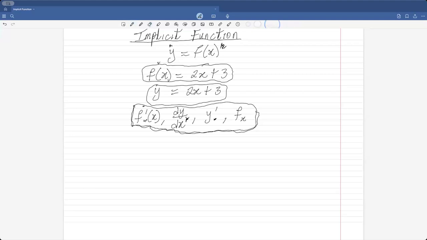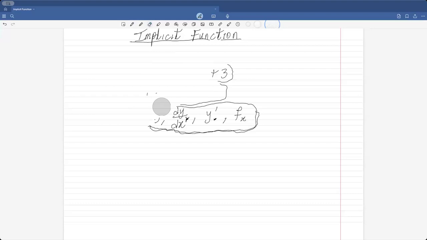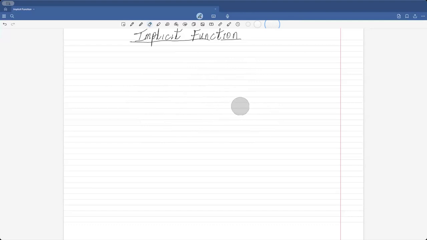Now, let's dive into the main topic. So for the topic implicit function, let's say we are given a function.